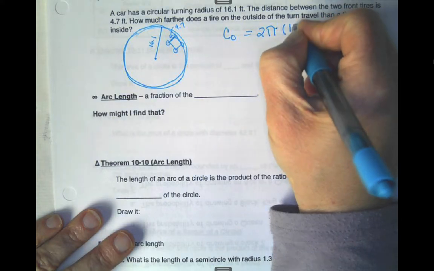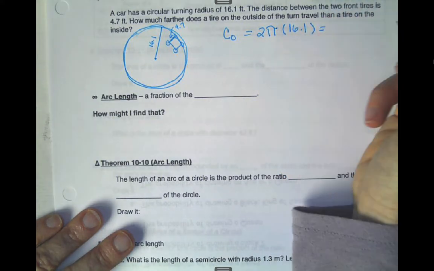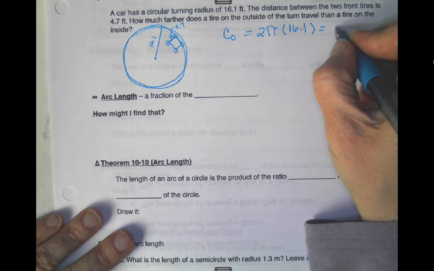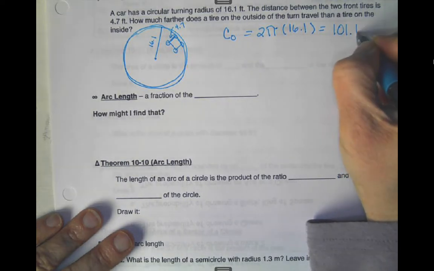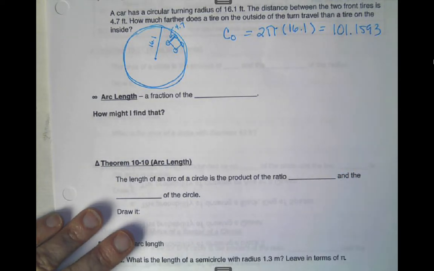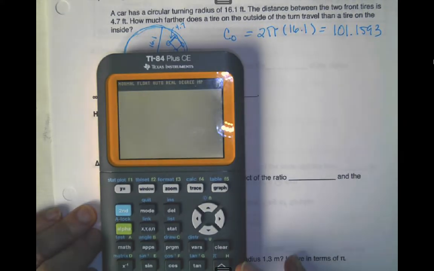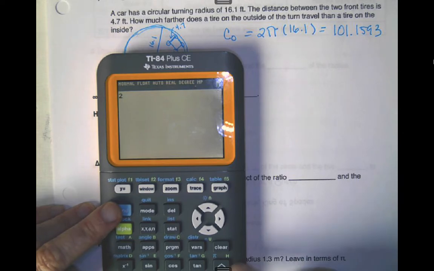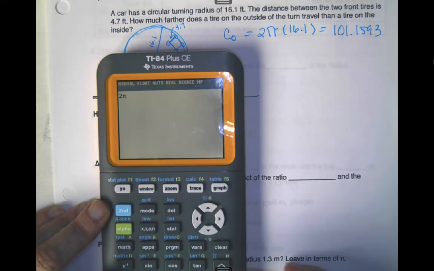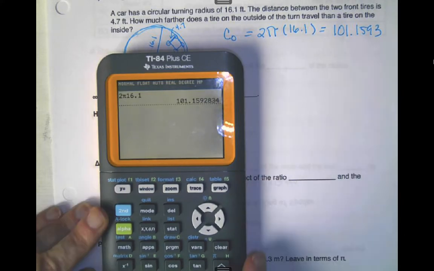In this case, I'm going to use the 16.1. If you're not familiar, on these graphing calculators there is a pi button. You can do 2, and then the pi is above the caret. So I hit second, then caret, and then 16.1, and I get that answer right there.